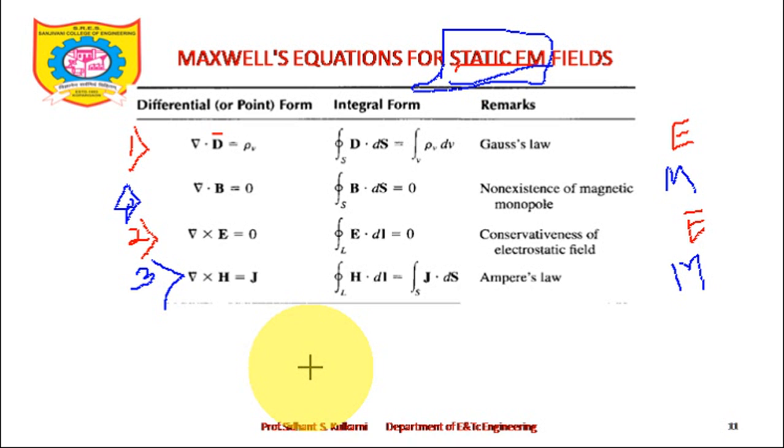This is very easy to understand. You can write it in any order, 1 2 3 4, 2 3 4 1, whatever order you want. There are a number of combinations by which you can write this, but the expressions are not going to change. You must write the explanation for each expression, what del dot D bar equal to rho v indicates, what del dot B bar equal to 0 indicates.